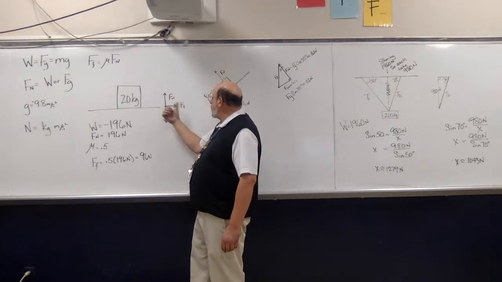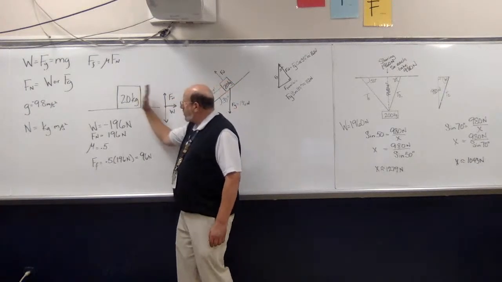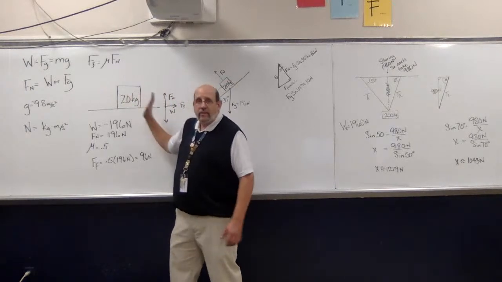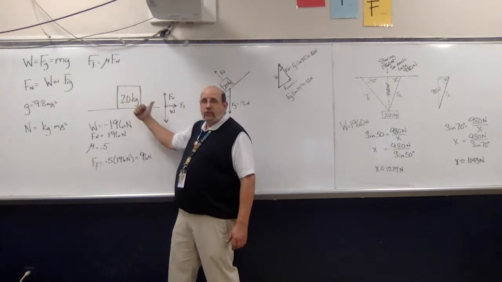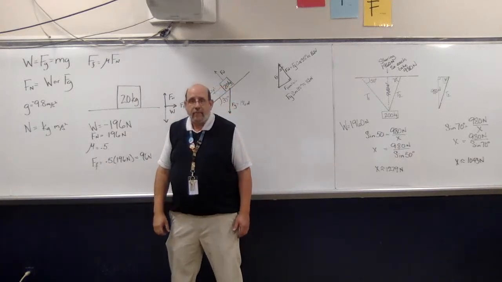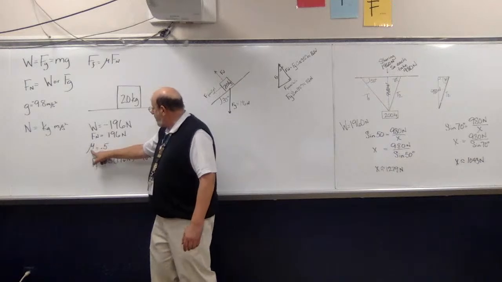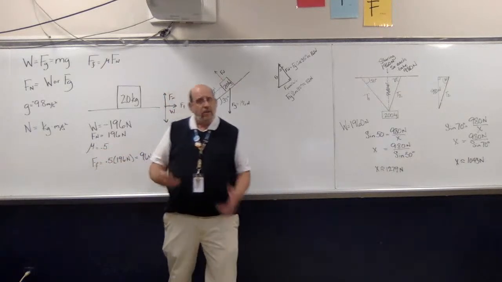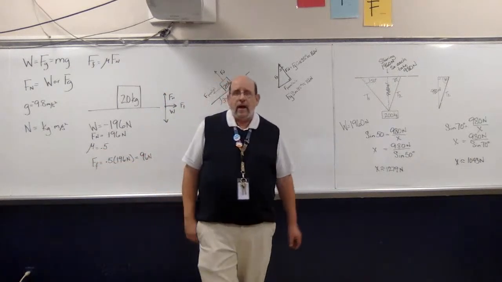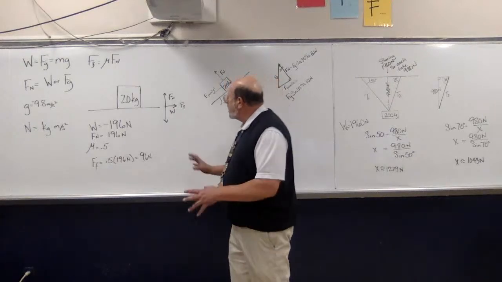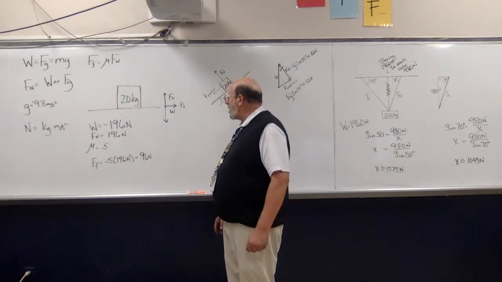Now, this frictional force is what's going to pull it back. If I wanted to push this block this way, this frictional force is going to hold me back. And that's just this mu, the coefficient of friction. This one's pretty sticky. I made it a half instead of something smaller like I've used in class.